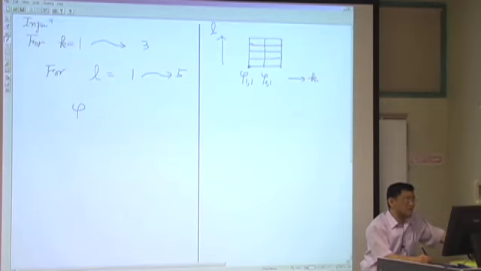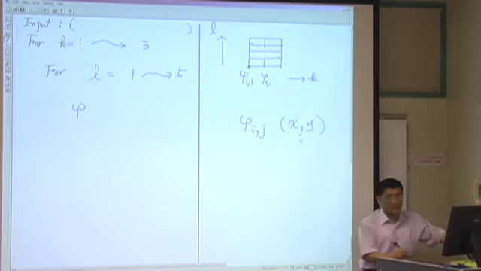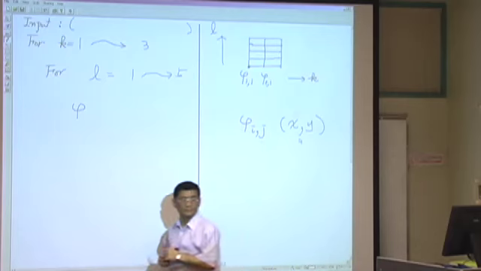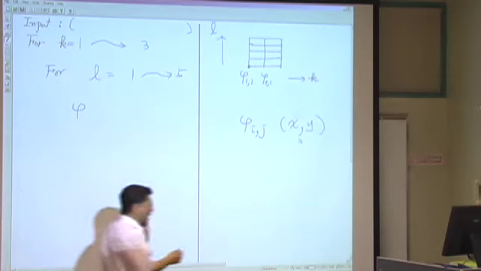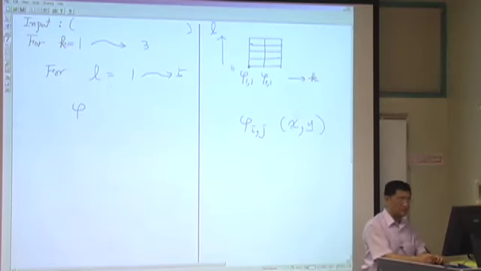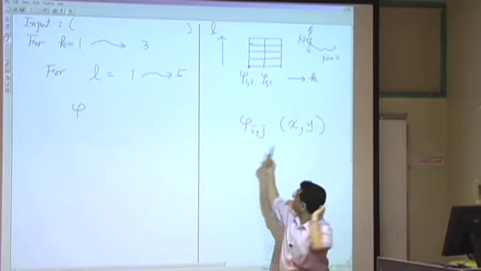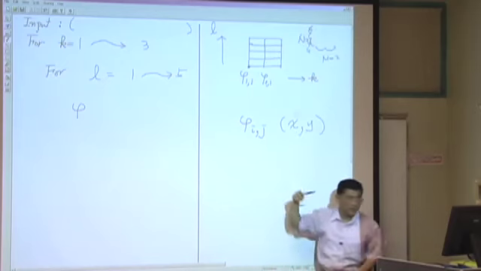Input coming in should be, what is our goal? Our goal is this one, phi I j x y, right? These are the inputs we need. And we assume that we know the M value, right? We assume that we don't have to input M value or N value. We assume that these are all known. But if these are not known in your program, you should add more input values.